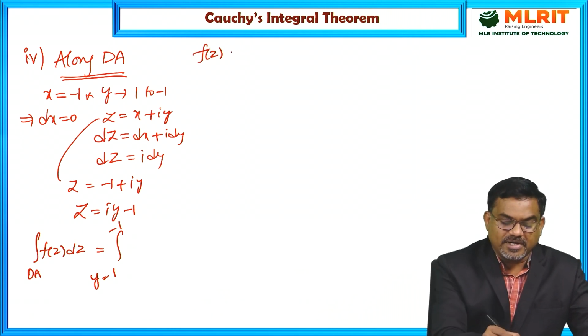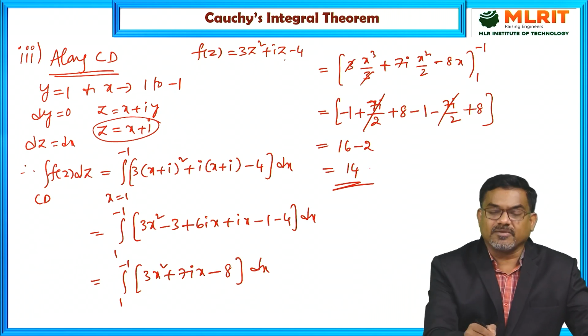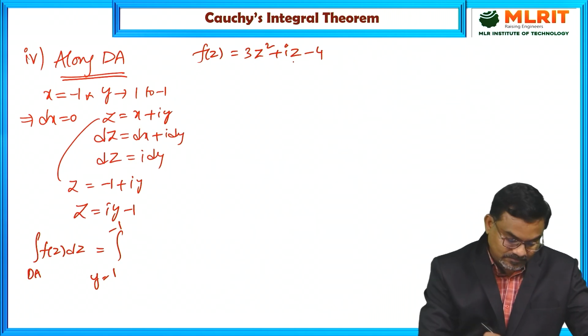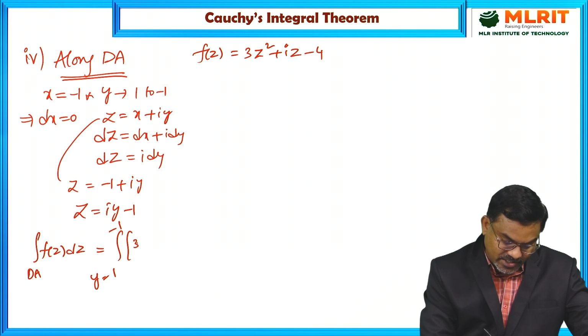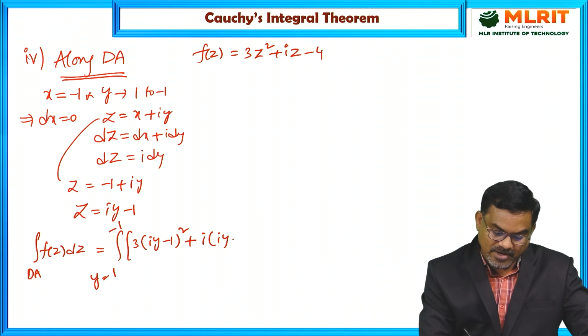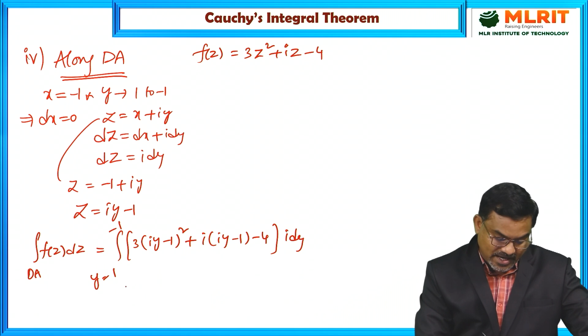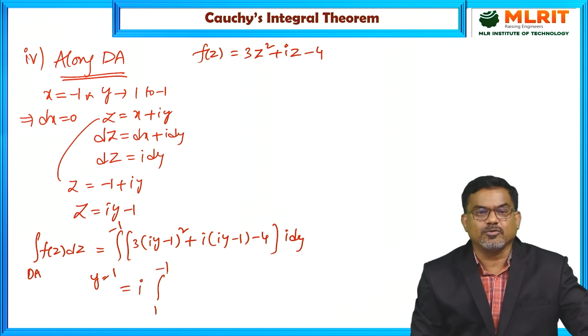What is f(z)? 3z square plus iz minus 4. Now, this is 3 into (iy minus 1) whole square plus i into (iy minus 1) minus 4, and dz is i dy. So, again simplifying this, i into the integral from 1 to minus 1.